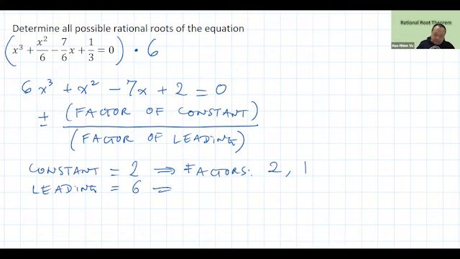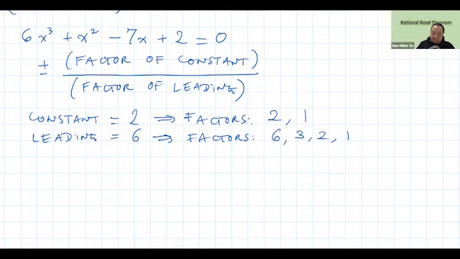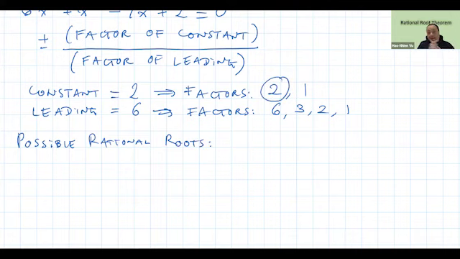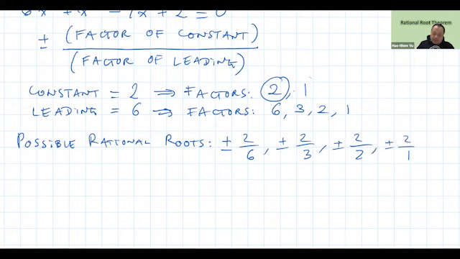Leading is 6, so the factors are 6, 3, 2, 1. Possible rational roots: I'm first going to take the numerator of 2, and then I go through all the possible denominators. And then I go through the numerator of 1 and all the possible denominators.